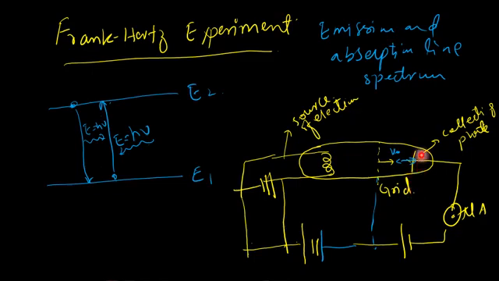So electrons with less than a certain minimum energy cannot reach the collecting plate. This potential prevents them from contributing to the current I in the ammeter.